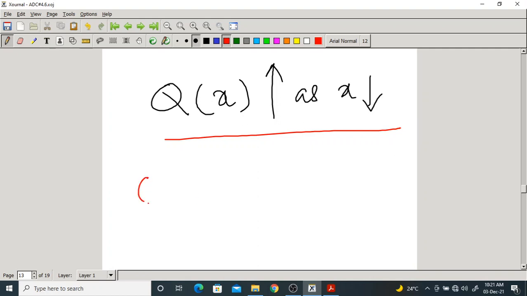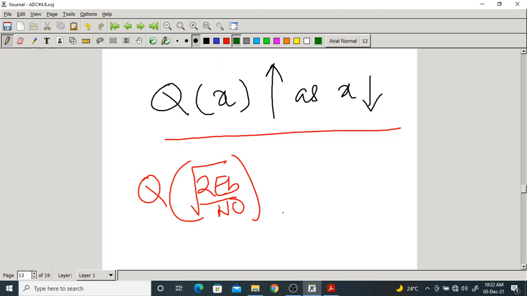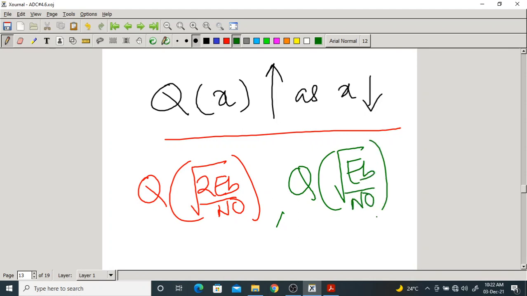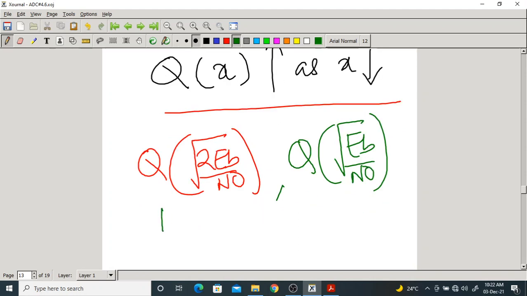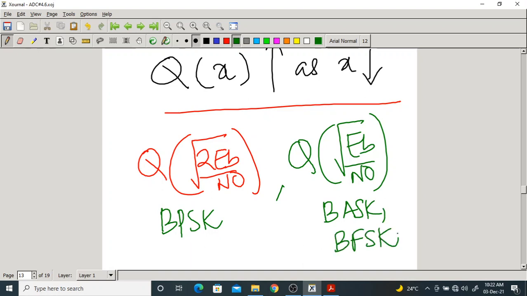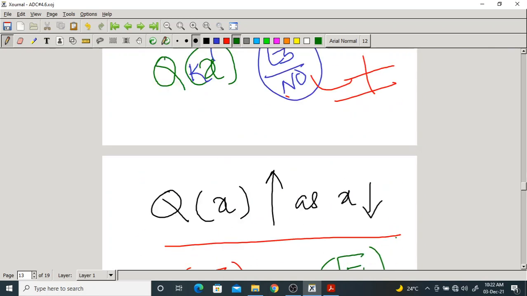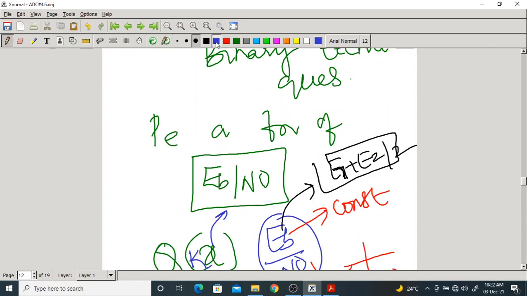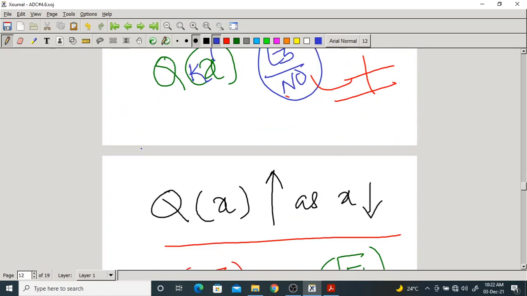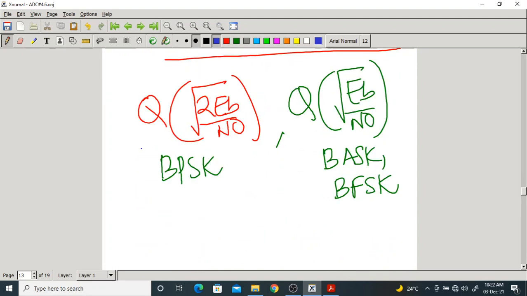Now if you observe all three probability of errors: Q of root 2EB by n0, this is for BPSK, and Q of root EB by n0, which is the same for BASK as well as BFSK. Now, which one is better? Obviously everybody wants the probability of error to be low, very few errors.